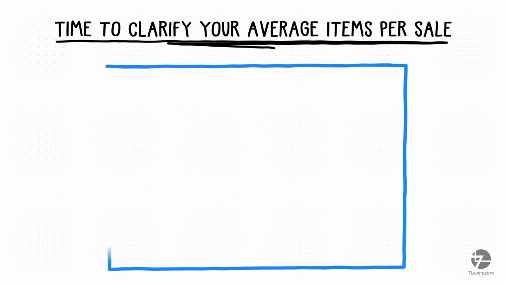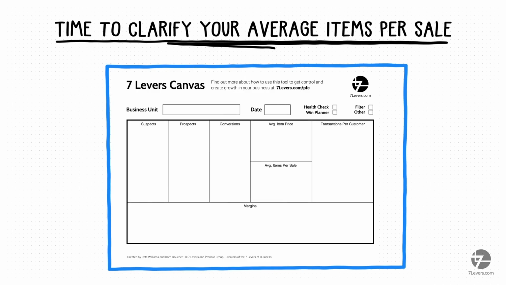So get out your 7 levers canvas and write down the definition of a sale and some examples, or an example. For example, you would write down that a sale is an invoice, or a sale is a till receipt. And also in that lever make a note of your definition of an item that you've already defined from average item price.